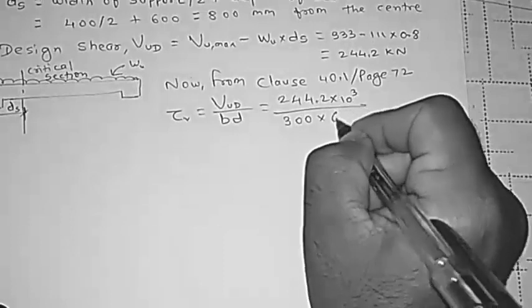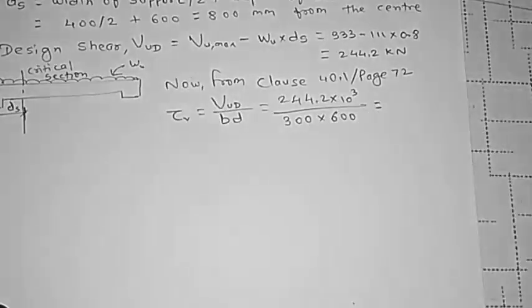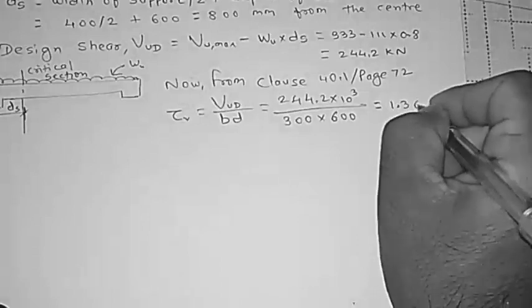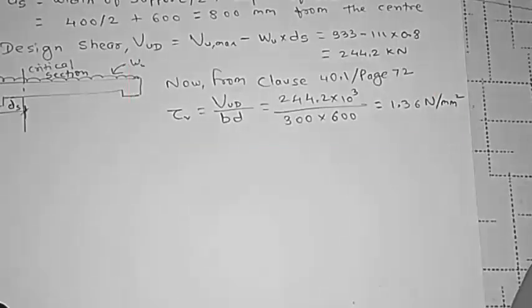So 300 by 600, we'll get around 1.36 Newton per mm square. So this is the nominal shear stress we got, from clause number 40.1, page number 72.